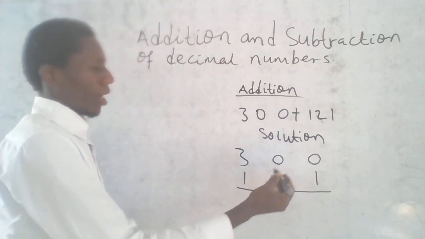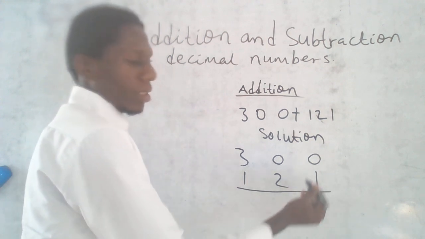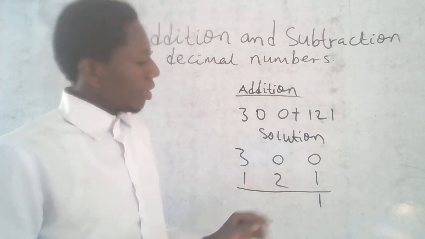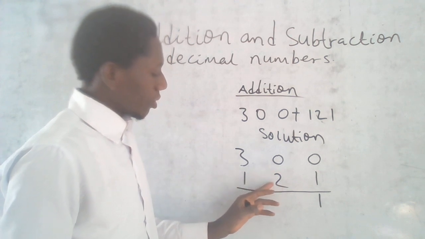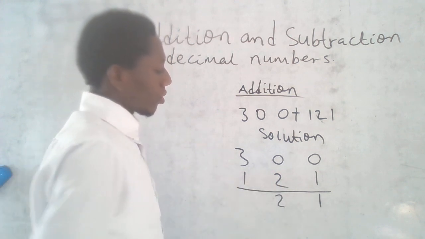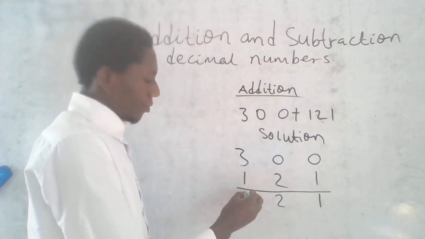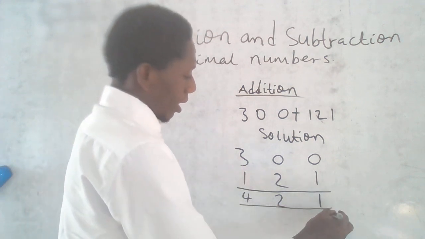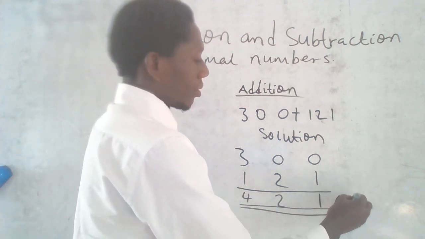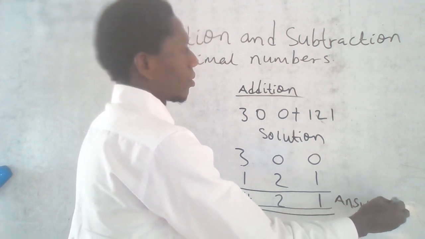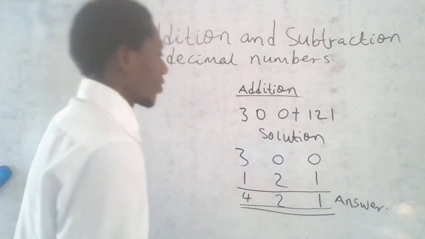Now you add: 0 plus 1 is 1. 0 means nothing, it's there, so 0 plus 1 is 1, and 0 plus 2 is 2, and 3 plus 1 is 4. So the answer becomes 421. So 421 is our answer for this one.